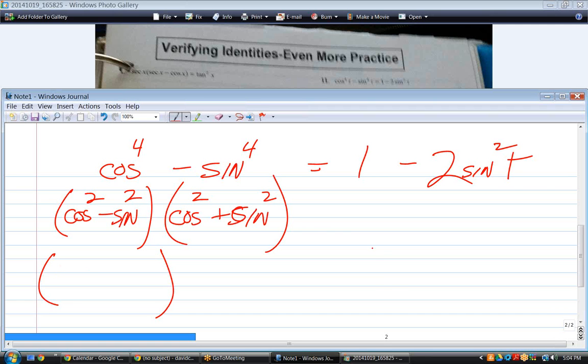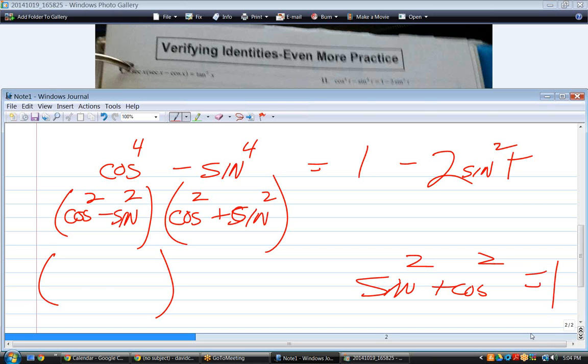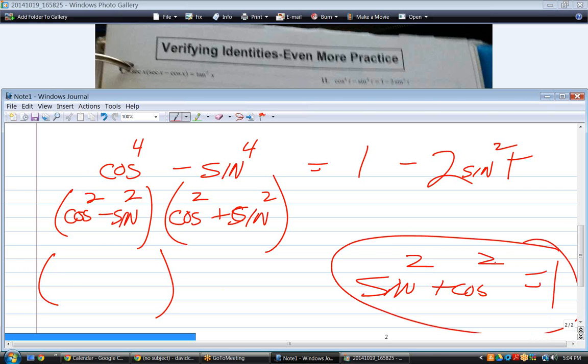You got sine squared plus cosine squared equals 1. So what's cosine squared equal? Now solve that for cosine squared. It'd be cosine squared equals 1 minus sine squared. All right, so that's what we put in place of cosine squared.